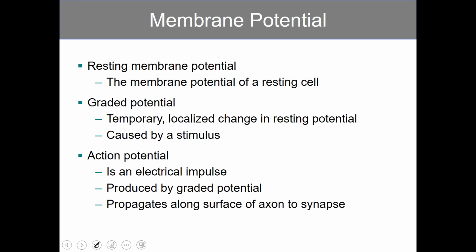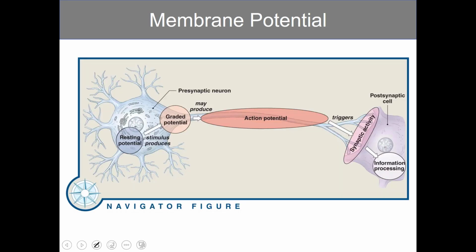If graded potentials are strong enough, they will convert into an action potential, and it's the action potential which is the electrical impulse, the electrical signal that travels down the length of the axon. So they're produced by a graded potential if the graded potential is strong enough, and they're propagated down the length of the axon to the synapse.